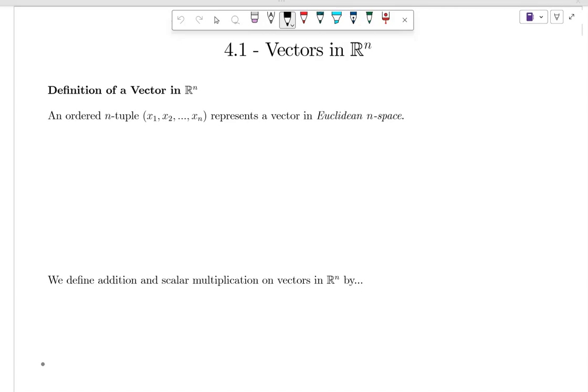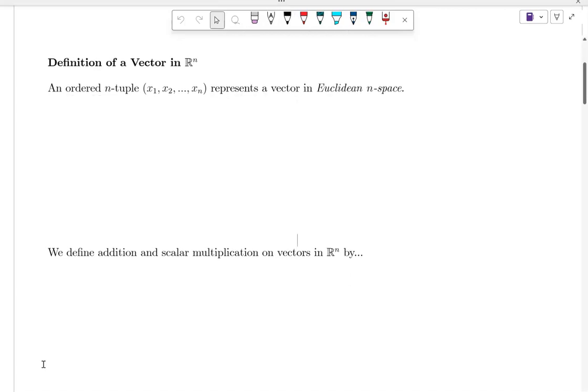So you're used to drawing pictures back in Algebra 1 class and going forward, where maybe you've got the Cartesian plane here, the Euclidean plane, and you've associated with some point in the plane an x coordinate and a y coordinate, right?